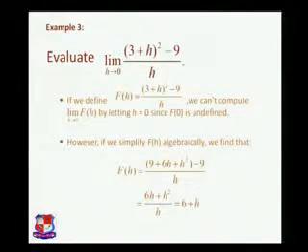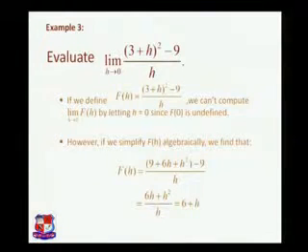But if we simplify the numerator, then we get F of h is equal to 9 plus 6h plus h square minus 9. So plus 9 minus 9 will cancel, and we will get 6h plus h square upon h, which will equal 6 plus h.